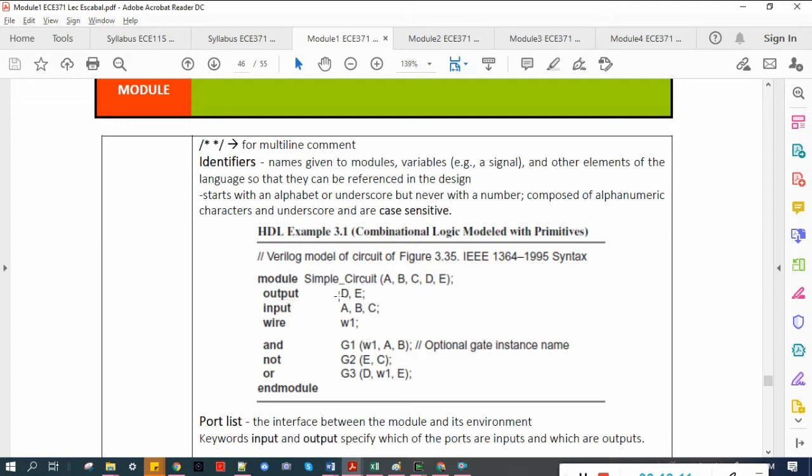Then after declaring the outputs, D, E, there's a semicolon. The semicolon separates the commands in Verilog. Our outputs are D, E and then the inputs are A, B, C.